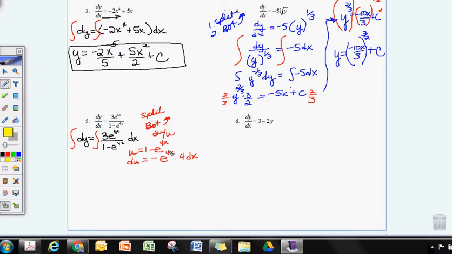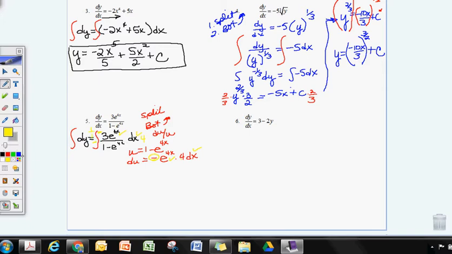I have on the top the dx, got it. I have an e to the 4x and an e to the 4x. I don't have this negative sign, so a negative sign here and a negative sign on the outside. I don't have a 4, so a 4 out here and a 1/4 out here.